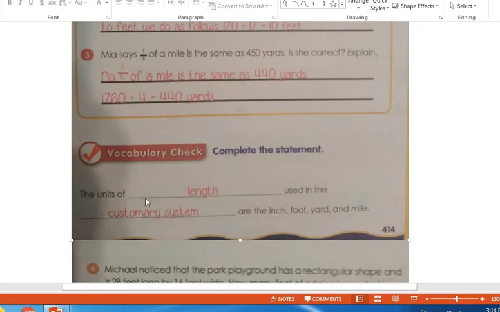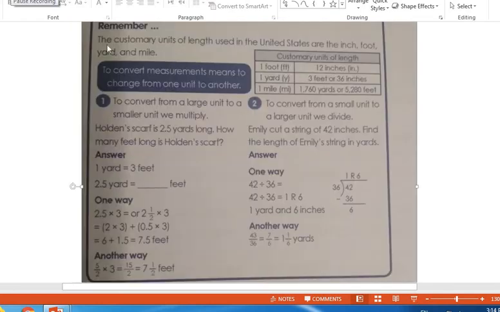Remember that the customary units of length used in the United States are the inch, foot, yard, and mile.